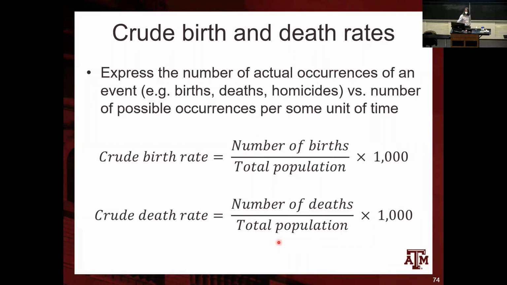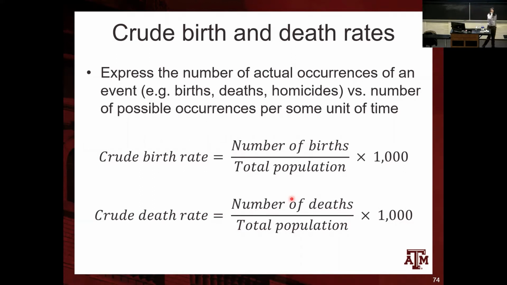Out of the whole population, technically everybody can die in a specific year, in a specific unit of time. So my crude death rate can technically equal 1,000 if multiplying by 1,000, just because usually this number is really small, but let's not multiply it. Technically, if my whole population dies in a specific year, I have a crude death rate equal to 1.